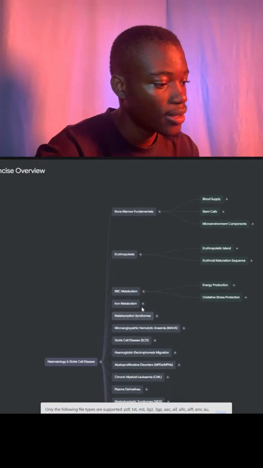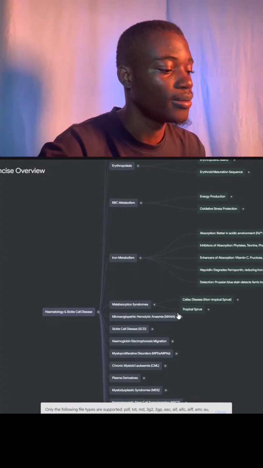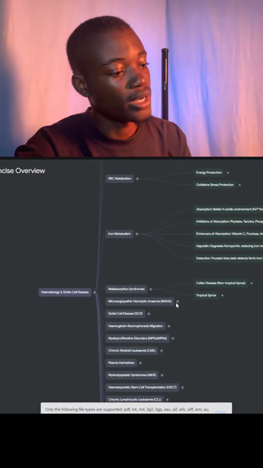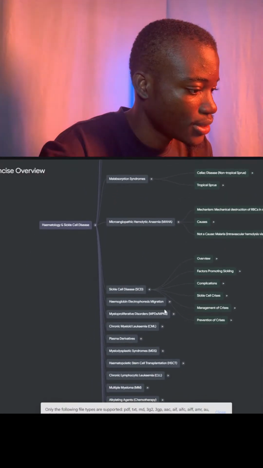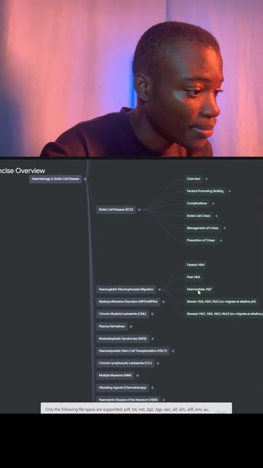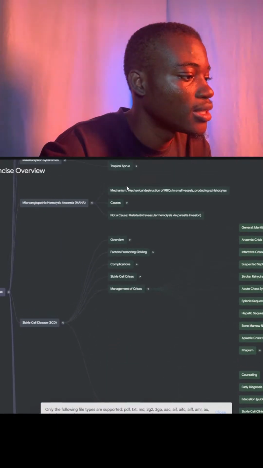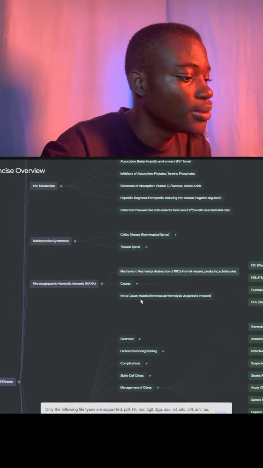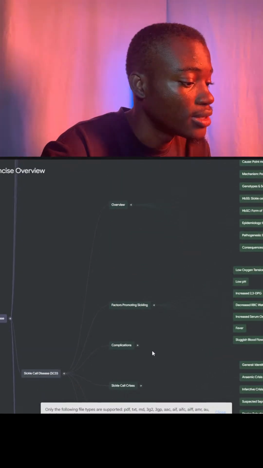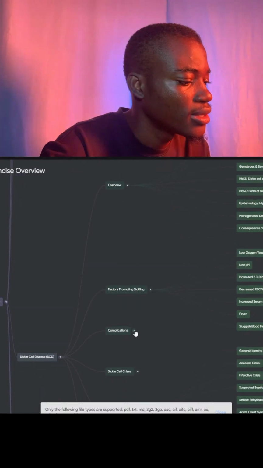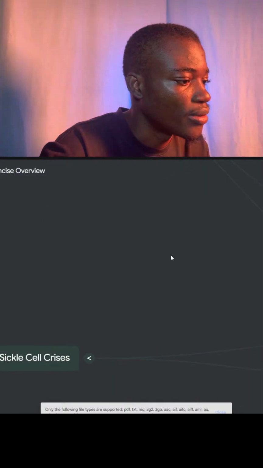So I'm going to open up all the mind maps, the full map, so you can see how far it goes. I don't know if I'm going to be able to open up all of this, but then I'm just gonna open up, as this is quite huge. Can't even open up all of it.